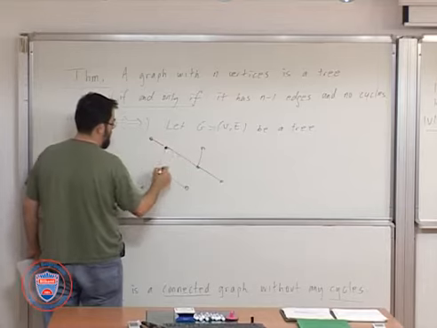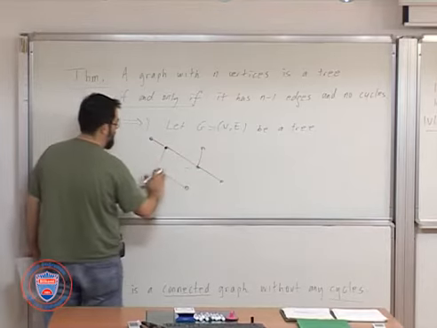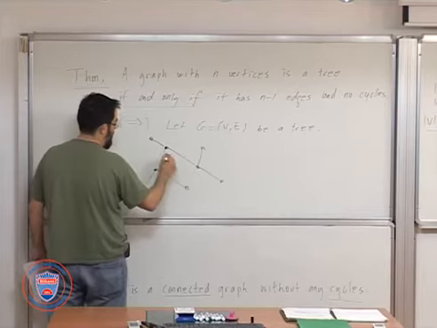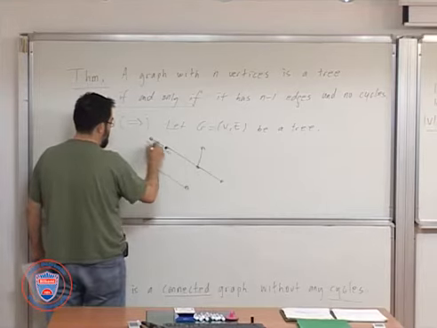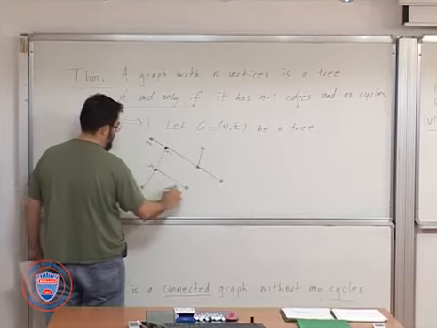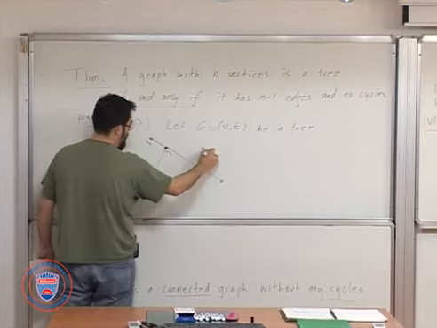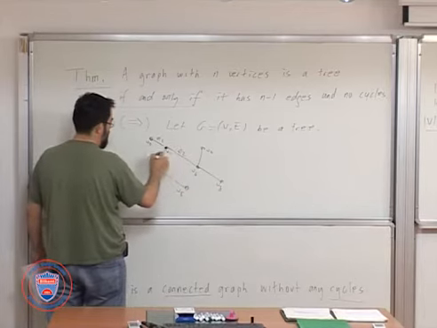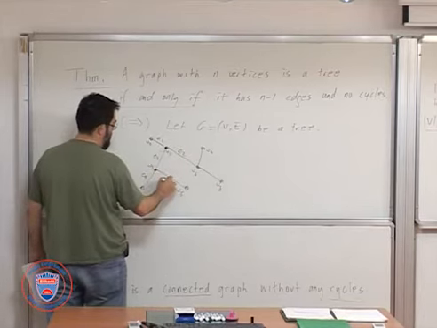Okay? So you're not allowed to have cycles. So you cannot have things like this. But you have vertices, and some edges, randomly written.